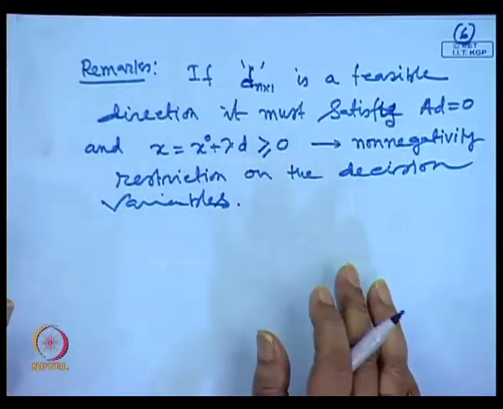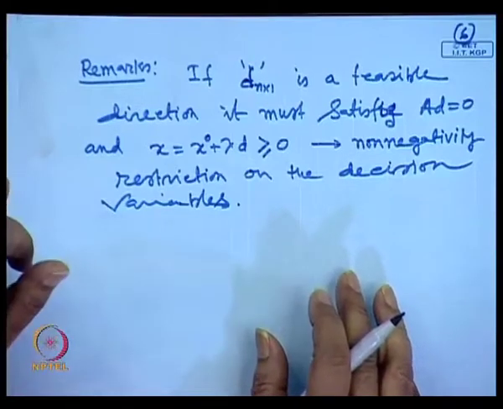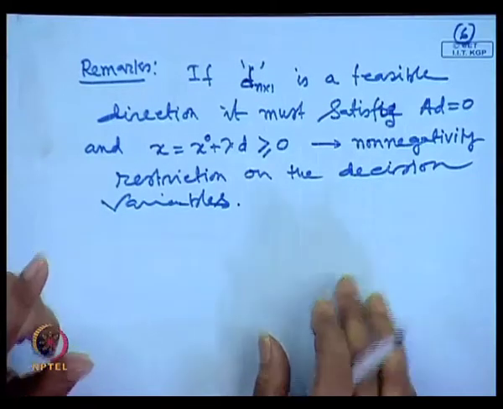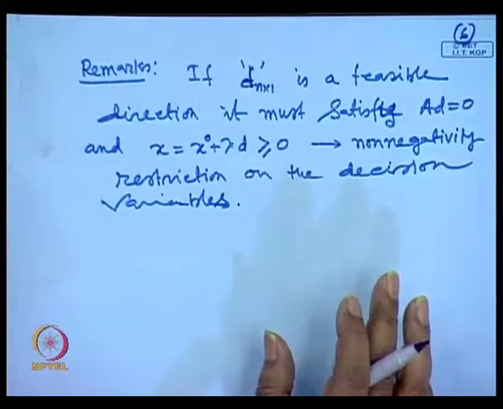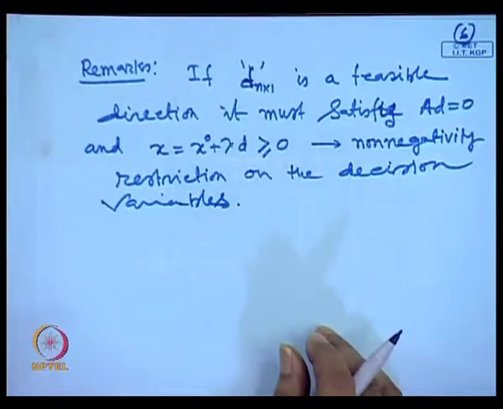In short, if d is the descent direction, then it must satisfy A into d is equal to 0. This is the equality constraint that must be satisfied.